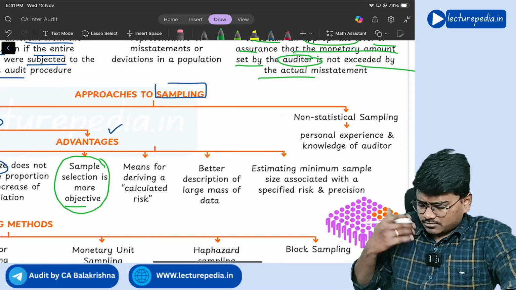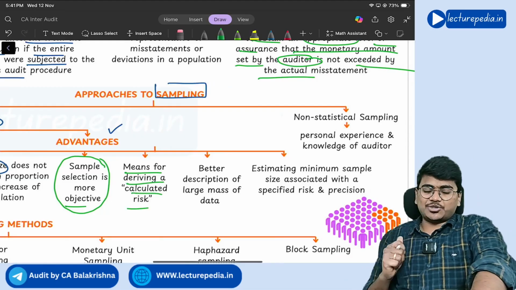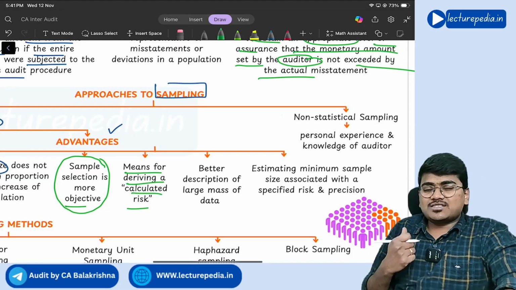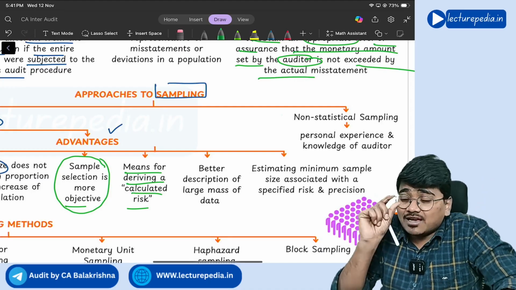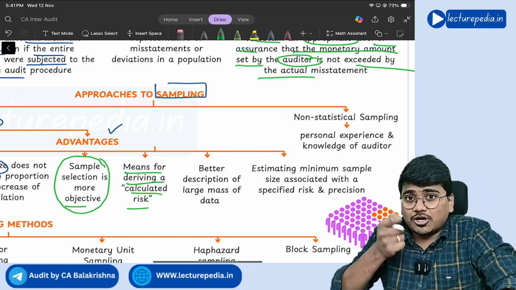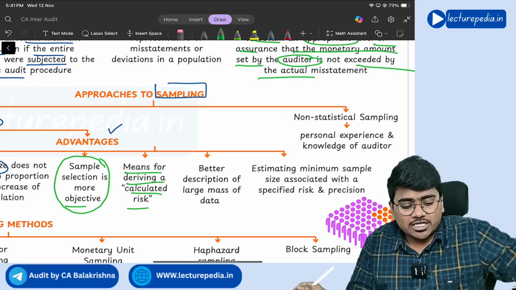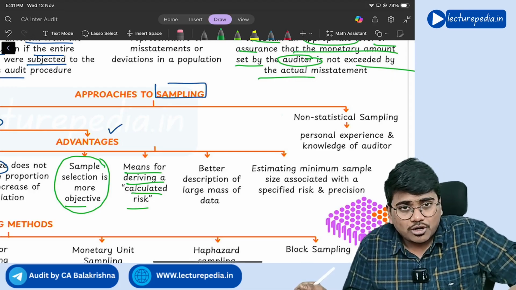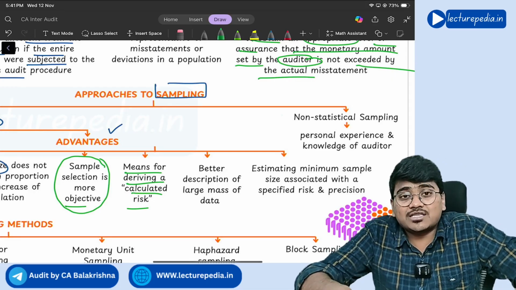And it provides a means for deriving a calculated risk. With the help of statistical sampling, you can arrive at a calculated amount of risk, because it is completely based on formulas. If I want to test this many samples, how much risk I will be taking, you can fix the risk.